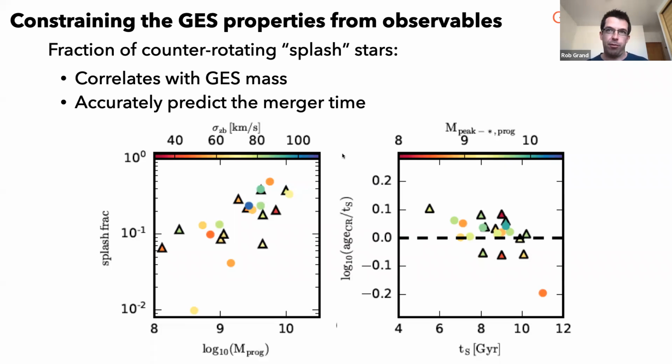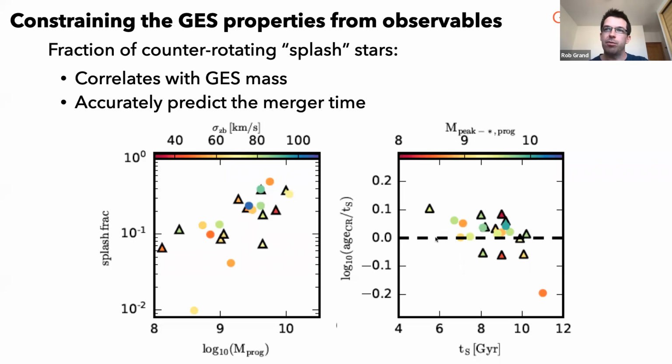How about dating the merger? On the right-hand side here, we take these counter-rotating splash stars and look at their age distribution, and maybe look at the lower quartile of this distribution as a proxy for when the merger finished. We divide this by the true merger time of the simulations and take the log, such that anything around 0 is basically a perfect prediction for the merger time.